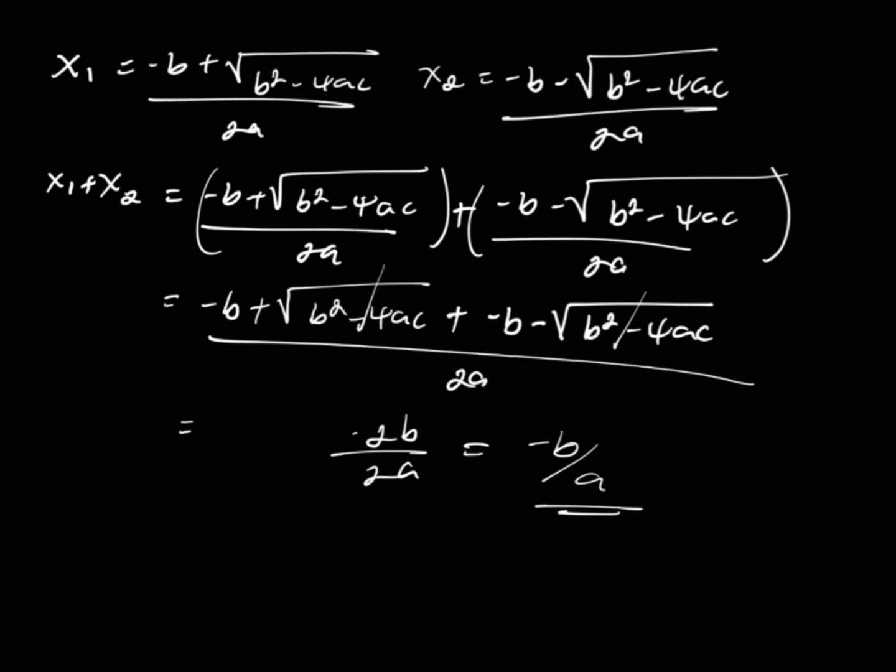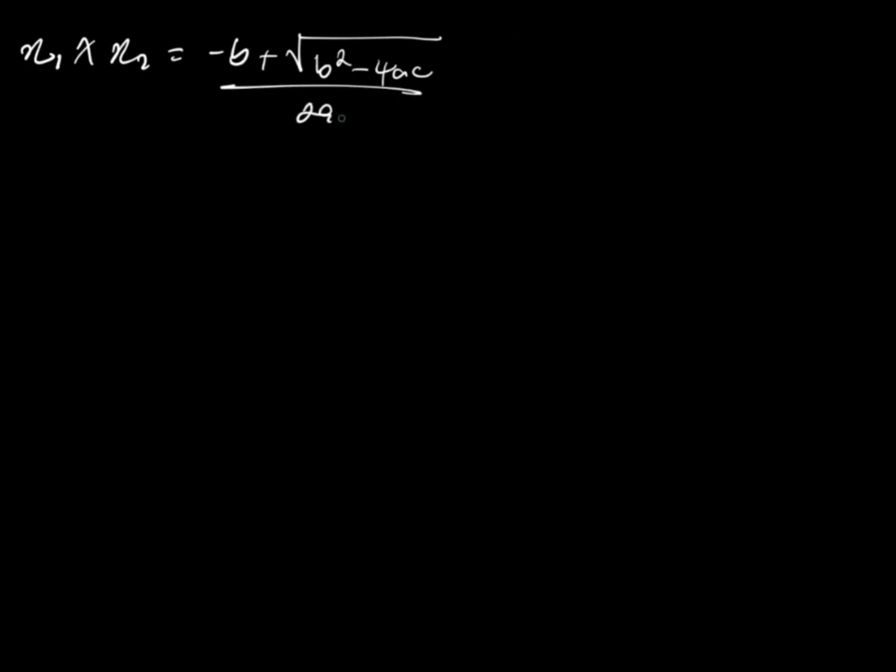Now let's go on to the product of the roots. The product of the roots, x1 times x2, would be equal to negative b plus root of b squared minus 4ac divided by 2a, multiplied by negative b minus root of b squared minus 4ac divided by 2a.